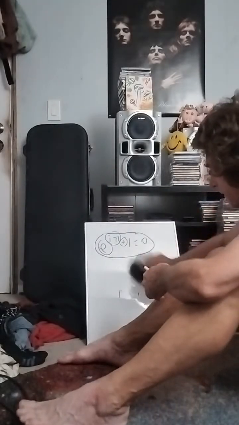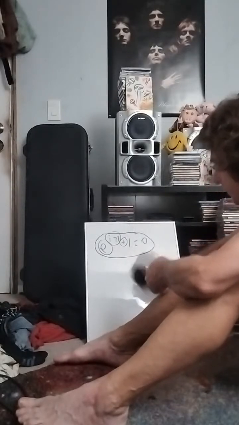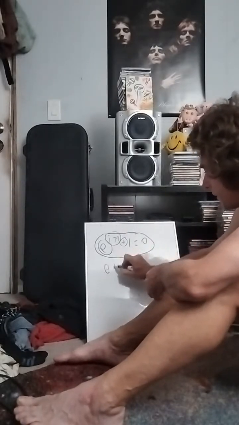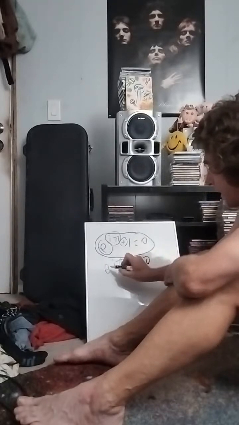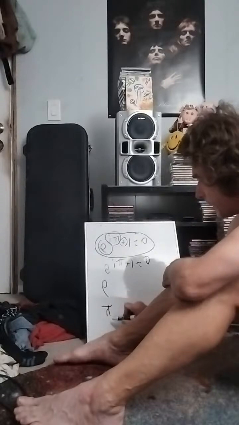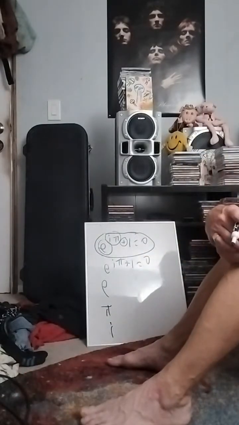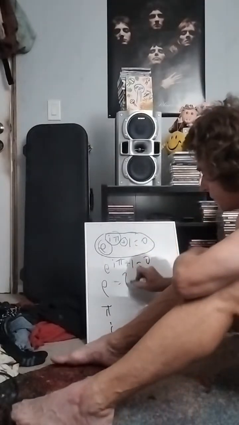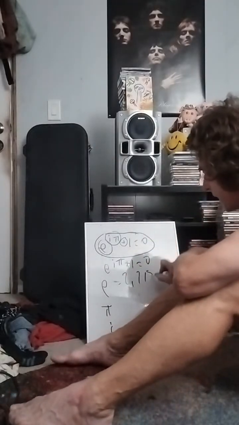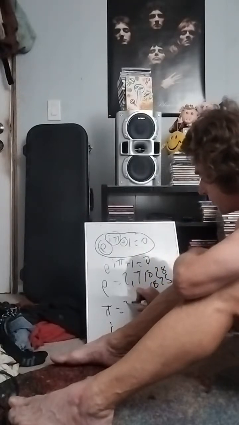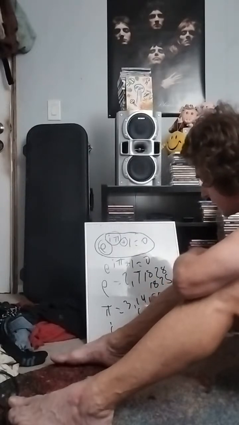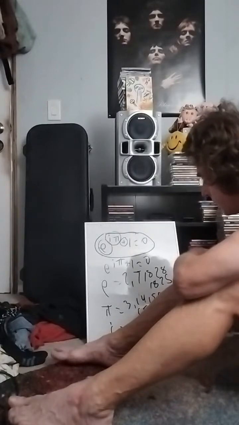Let me write it down here: e to the i pi plus 1 equals 0. Not only that, it has e, it has pi, and it has i. Those are three of the most important constants in math. e equals 2.718281828, etc. Pi equals 3.14159, and i equals the square root of negative 1.